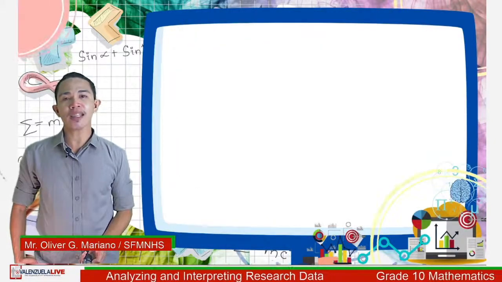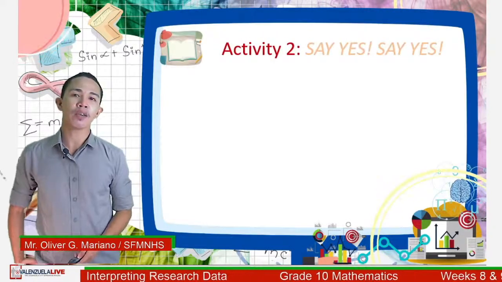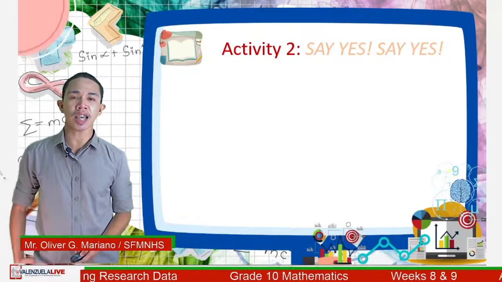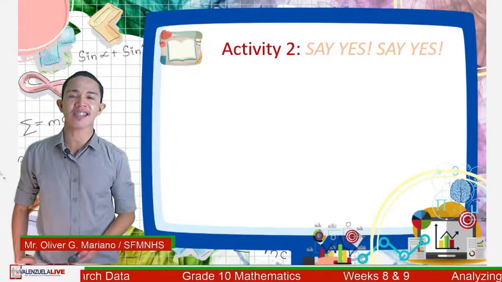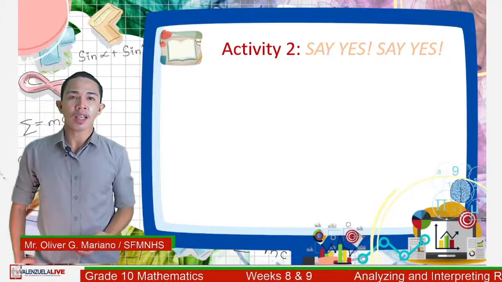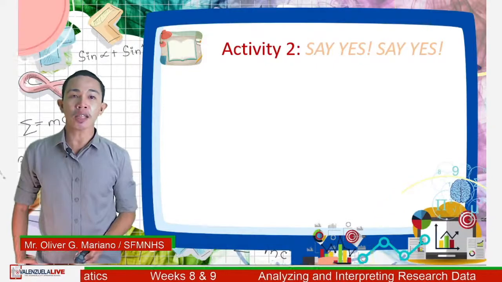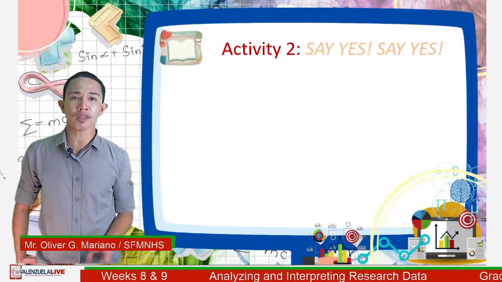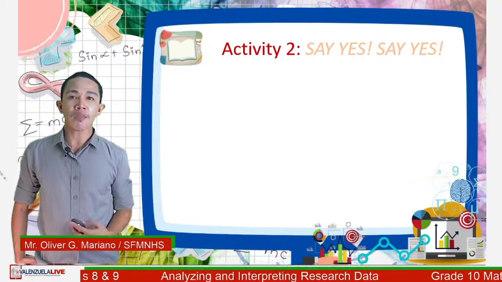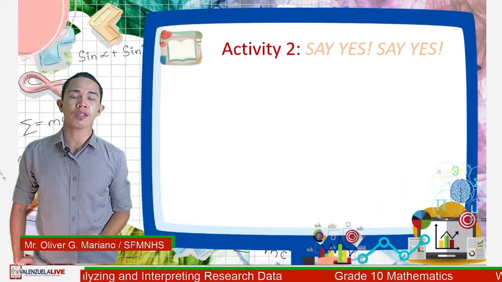At this point, I guess you are now ready to head on with our second activity entitled Say Yes, Say Yes. I will be posting a question and you need to determine whether that question can be answered using measures of possession.